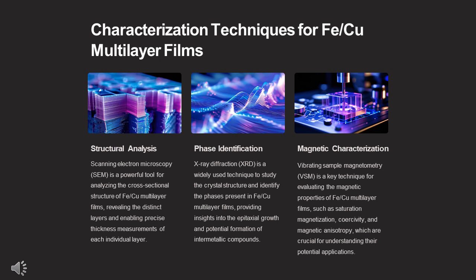X-ray diffraction (XRD) is a widely used technique to study the crystal structure and identify the phases present in ferrum and copper multilayer films, providing insight into the epitaxial growth and potential formation of intermetallic compounds.